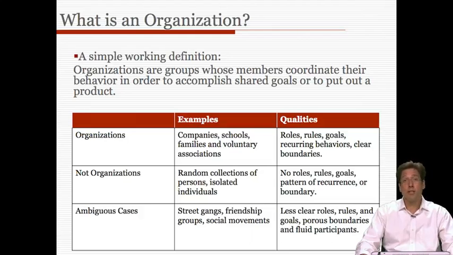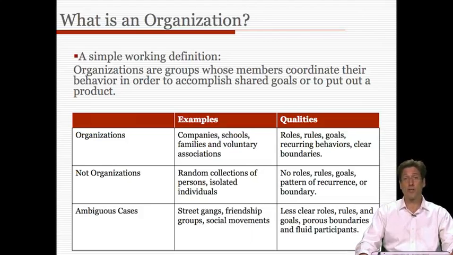Given this, let's reconsider what is and is not an organization. If we look at this chart, we see that organizations like companies, schools, families, and voluntary associations all have certain features that fit our notion of what an organization is: that members coordinate their behavior, that they have shared goals, and that they put out a product.